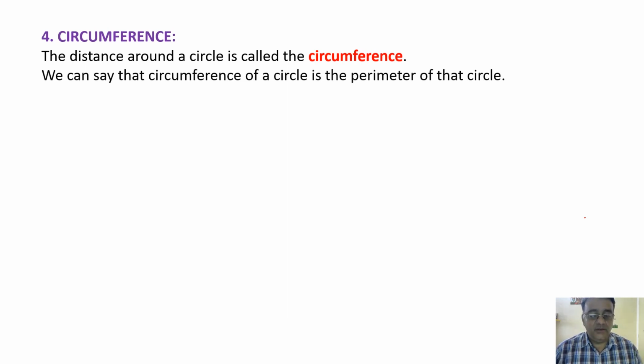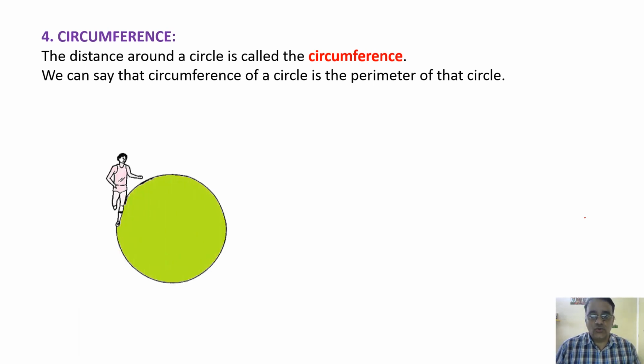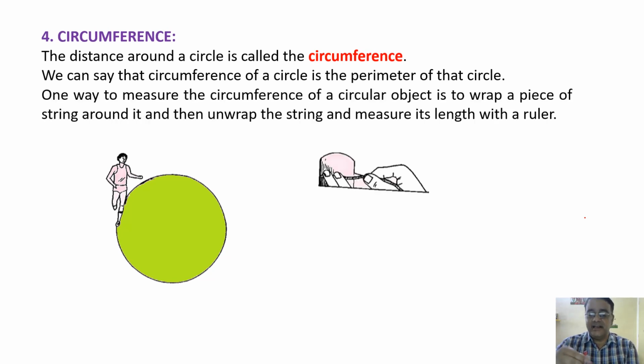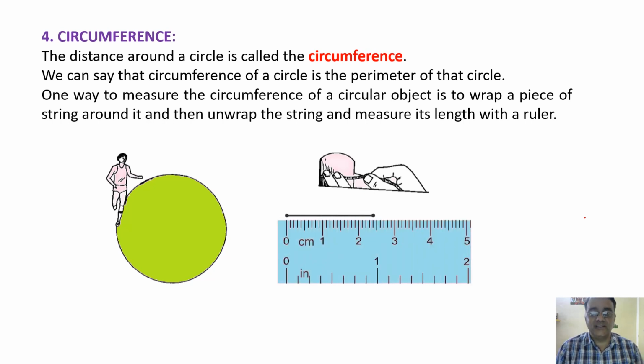One way to measure the circumference of a circular object is to wrap it. Suppose we have a circular object; we wrap it, and then measure the length that we get using a ruler, so you will get the circumference. After wrapping, keep that length here and measure it using a ruler.